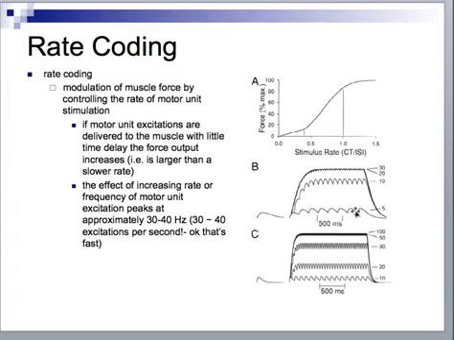There's another stimulation, and we can see that it gets another depolarization and another and another. And so essentially there's not much at 5 hertz. There's not much augmentation or enhancement in force. It's about the same.